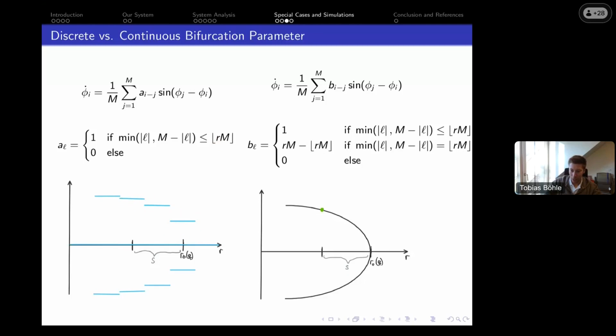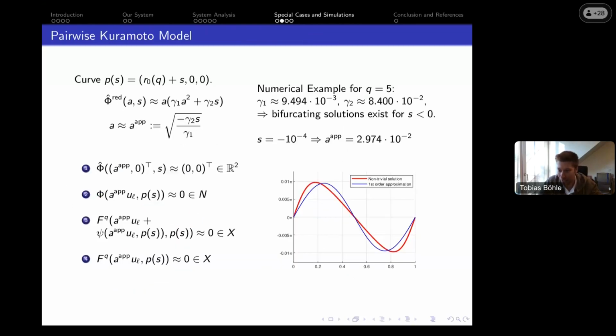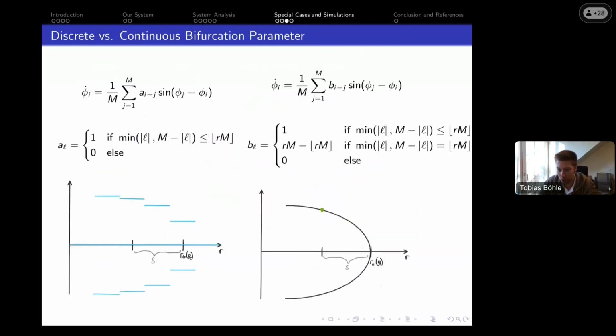And that's also a bit inconvenient for the numerical simulations, because the width of these steps is 1 over m. But if I go back one slide here, S is equal to negative 10 to the negative 4. Oops.